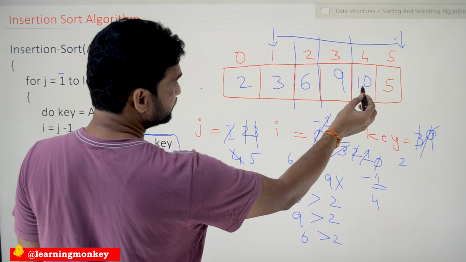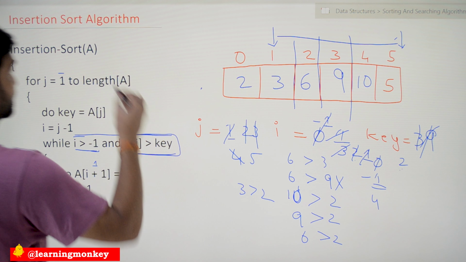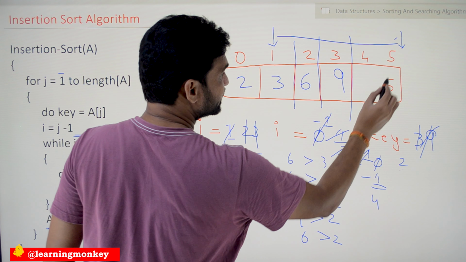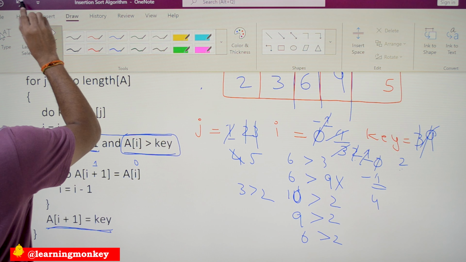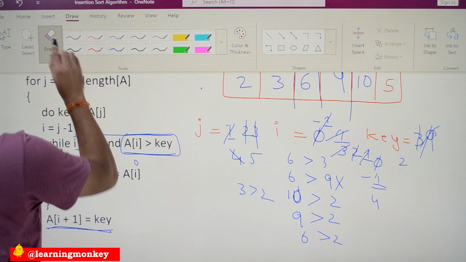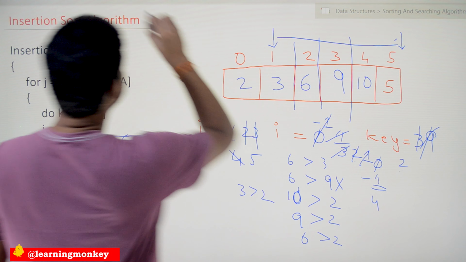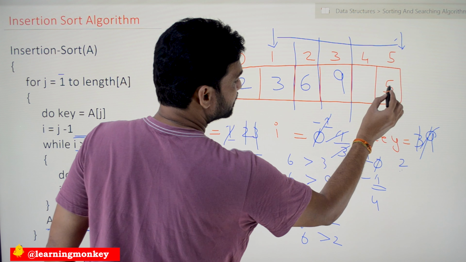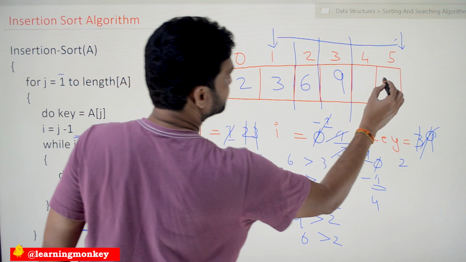From now on we are going to compare 10 with 5. It is true, so the 10 will be shifted to this position. Now just write this 10 here.